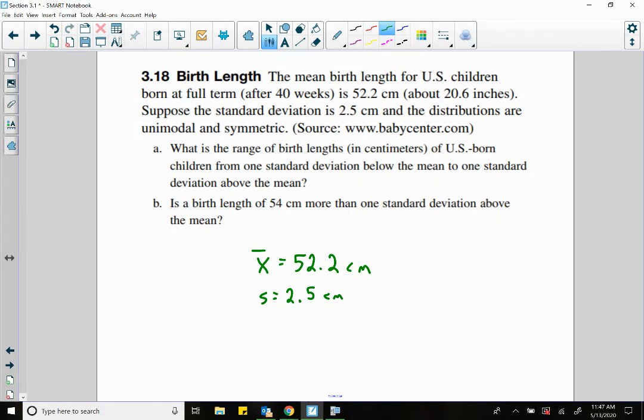This is what I showed you when we talked about those paid vacation days. If I want 1 standard deviation above, all I'm going to do is take 52.2 and add 1 standard deviation of 2.5 to it.